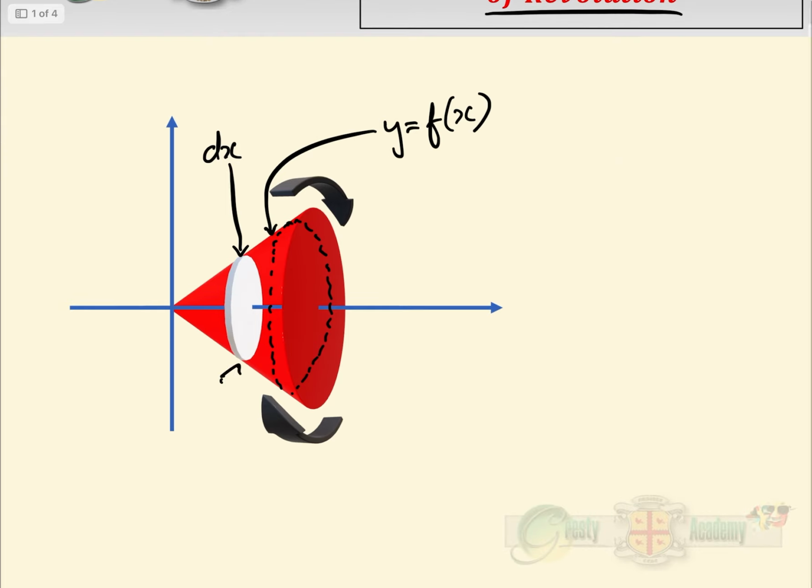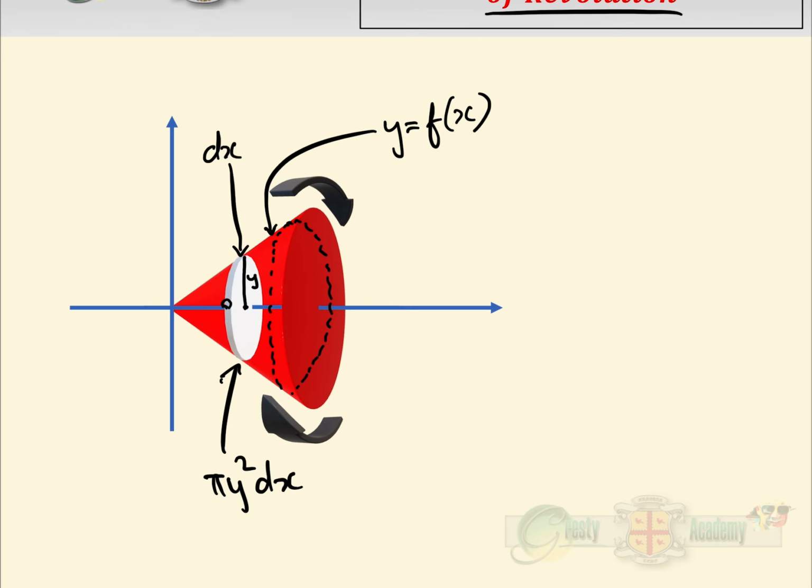If we look at one particular disk, like this white disk, this bit here is y, so the area is pi times y squared, and then times the height, which is dx.